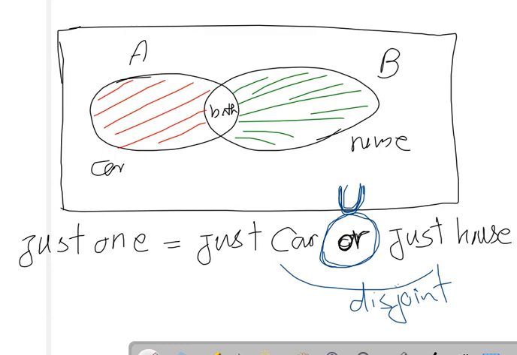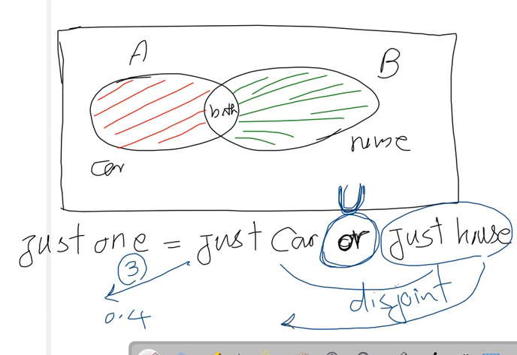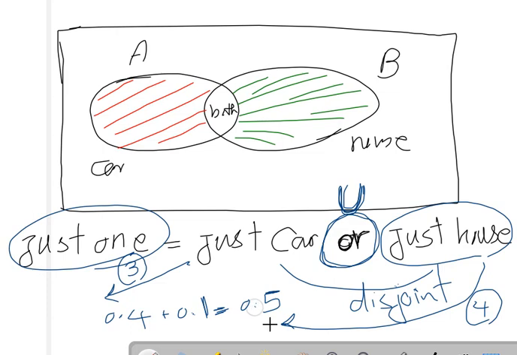For just car, from number 3, I think we obtained 0.4, and for just house from number 4 we obtained 0.1. So the probability for just one of them is 0.5.